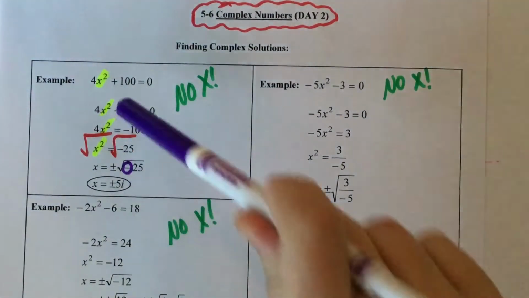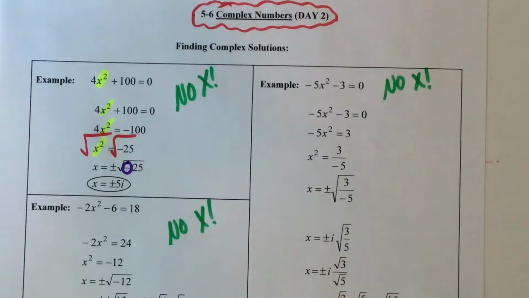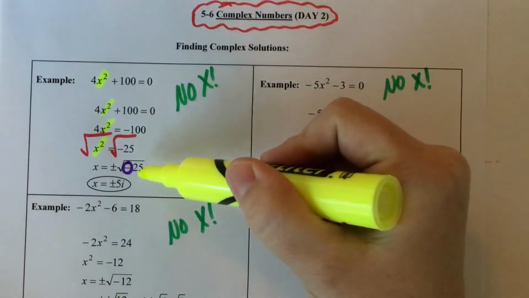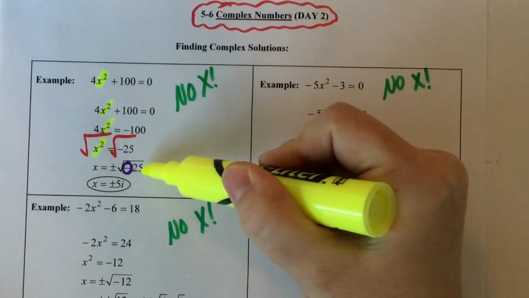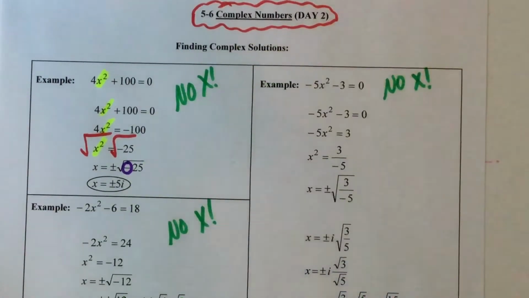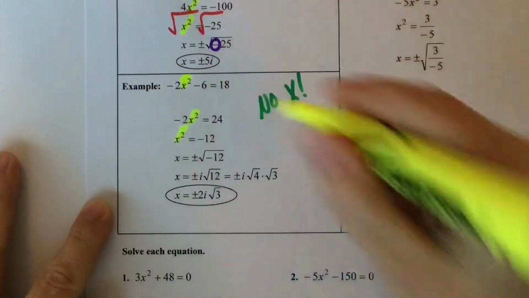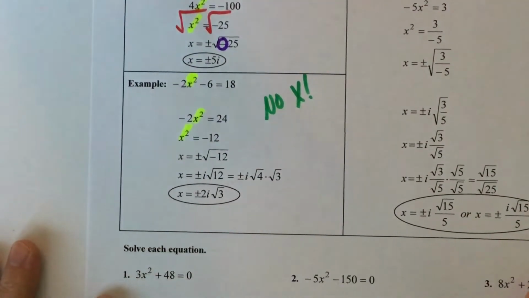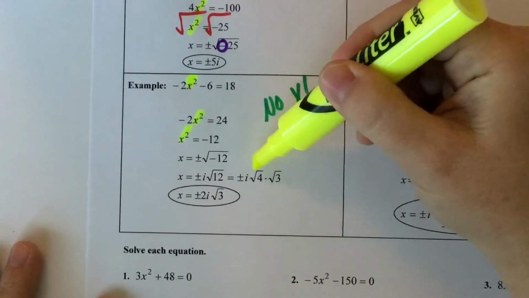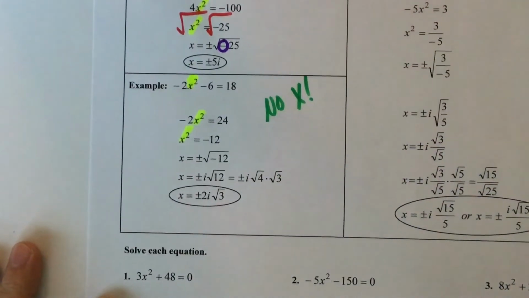So all of these 3 examples, we were doing the square root property because they had no x's. This one ended up coming out nice and pretty because 25 is a perfect square. This one, once we finally got x squared by itself, we didn't have a perfect square under there, so we had to break it down. What perfect square went in there, how many times?